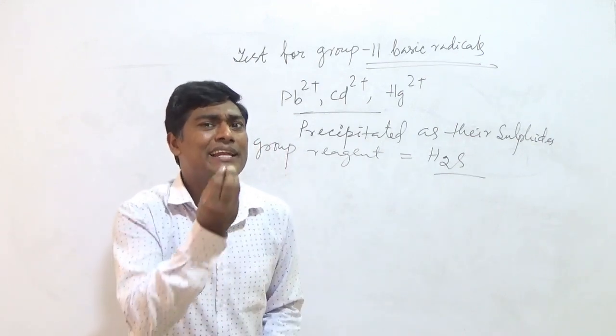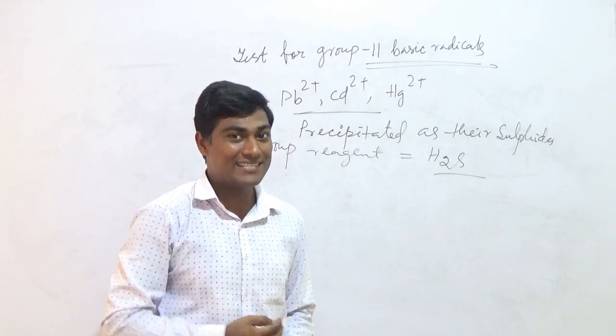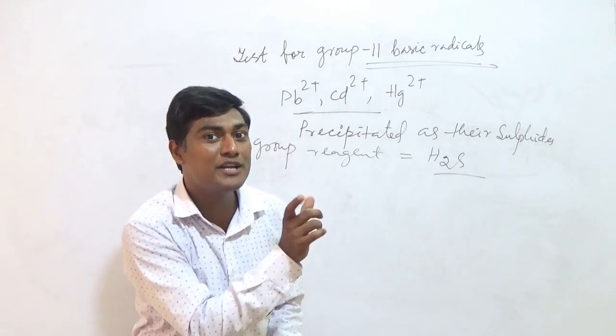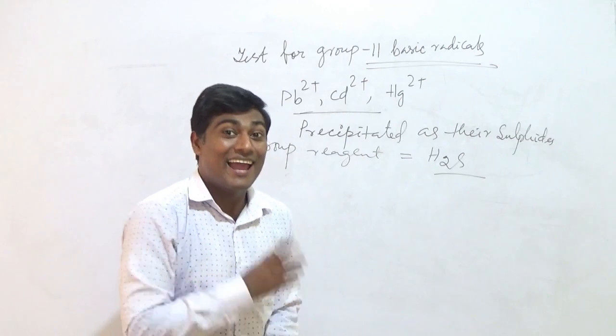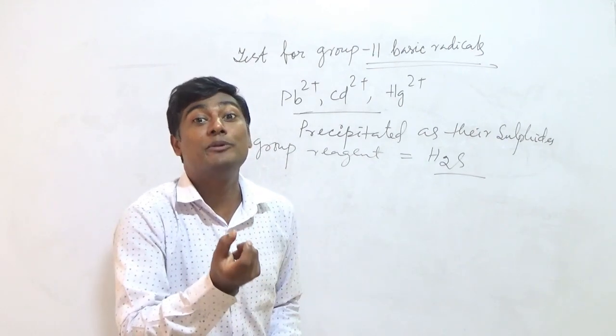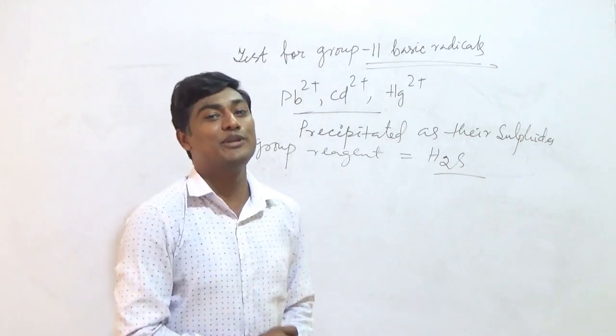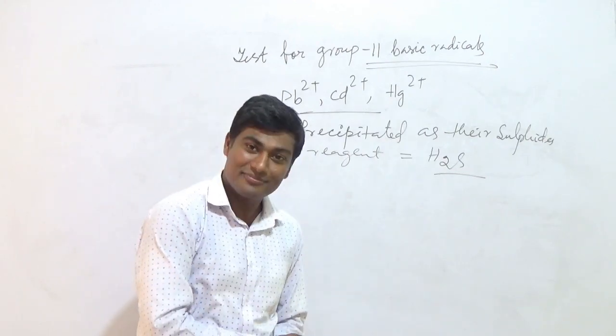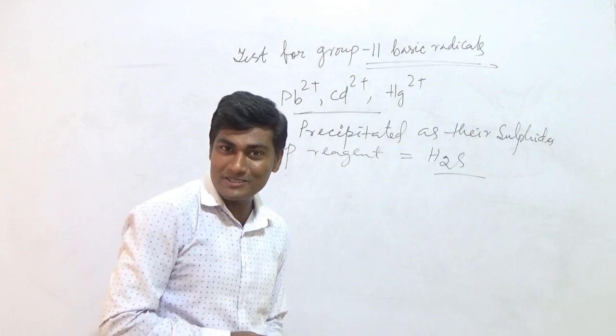On adding a little H2S gas, the sulfide ion combines with these basic radicals, and the ionic product easily exceeds the solubility product, because their solubility product is very low, and precipitation occurs.